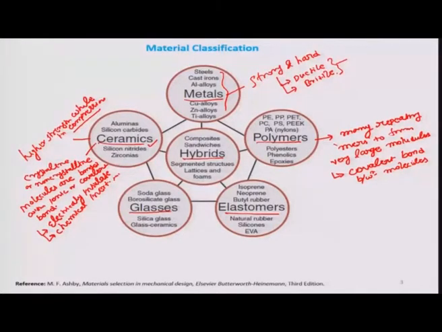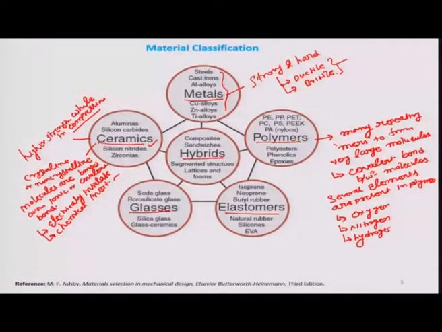Several elements are present in polymers, such as oxygen, nitrogen, hydrogen, etc. Polymers are generally ductile in nature.